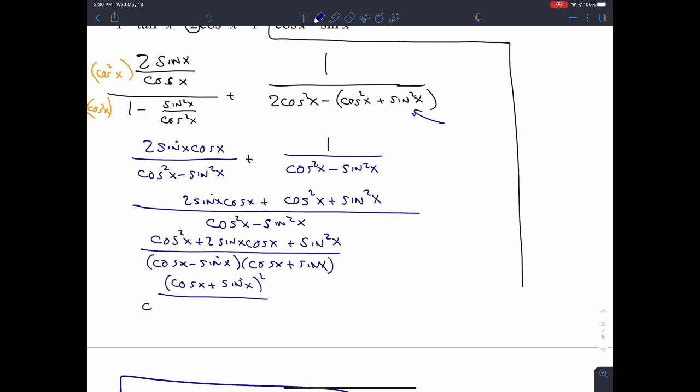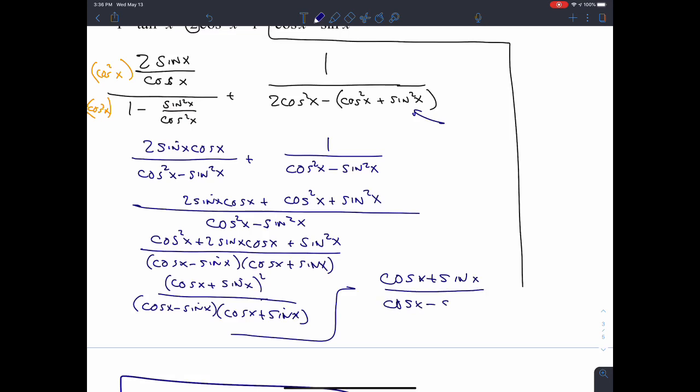And let's leave that cosine x minus sine x multiplied by cosine x plus sine x in my denominator. Look at how nice that looks. It's going to cancel out for us, and we're going to end up with a cosine x plus sine x in the top, and our denominator cosine x minus sine x.